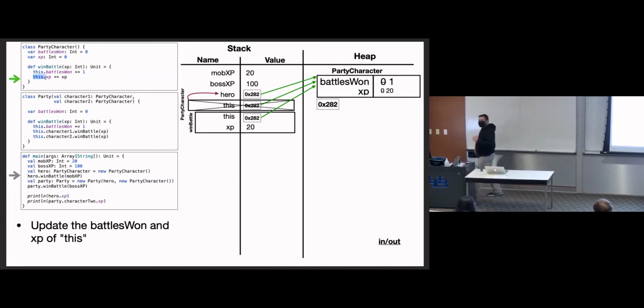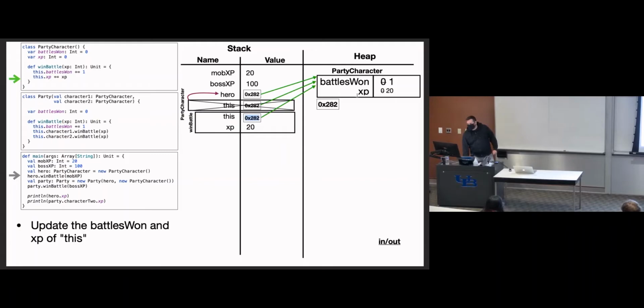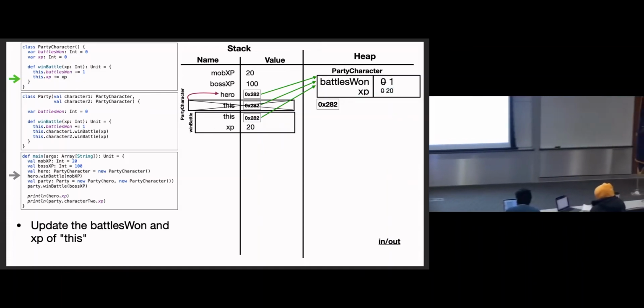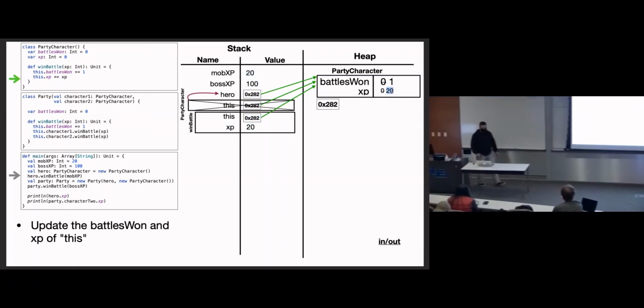I want this dot xp. Follow this reference. Head over to the heap, access xp, and increment it by the value of xp, which I'm not overriding any scoping rules. xp right here on the stack, 20. So xp equals 0 plus 20. We get 20.